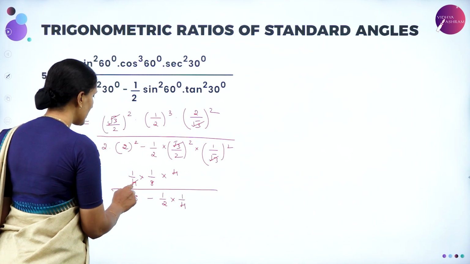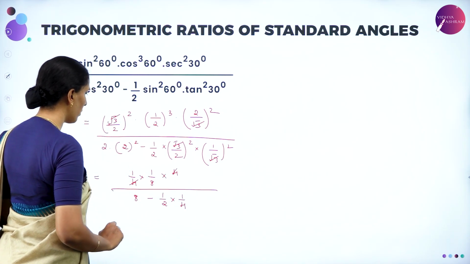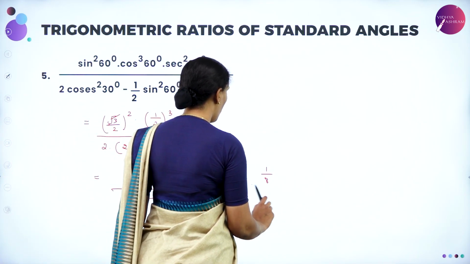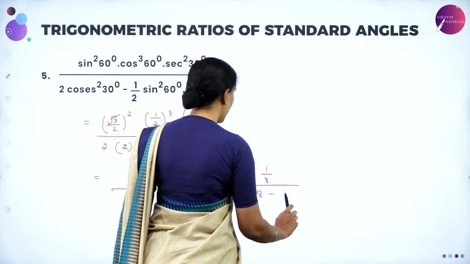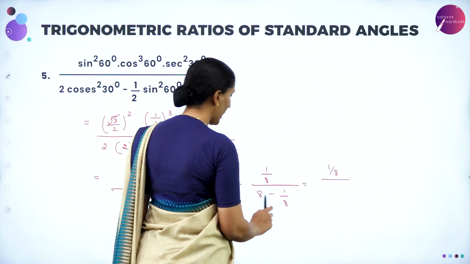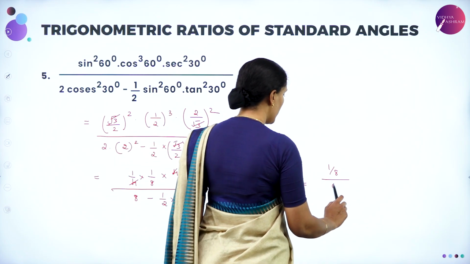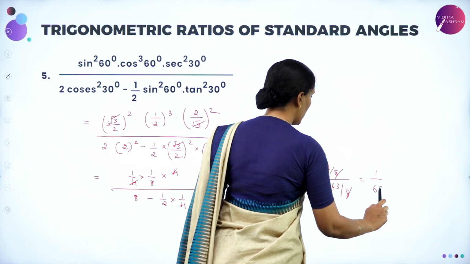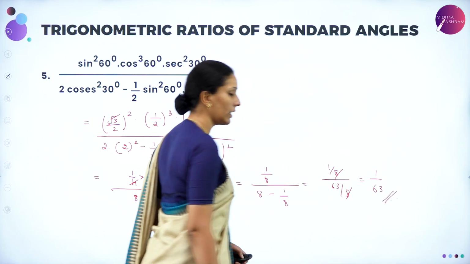Again here we can cancel a 4. Then here we have 1 by 8 whole divided by 8 minus 1 by 8. So 1 by 8 divided by 8 eights are 64 minus 1, 63 by 8. 8 cancels. The value is equal to 1 by 63.